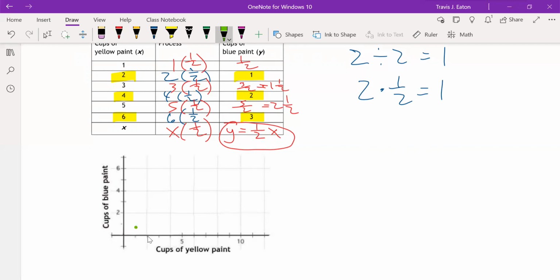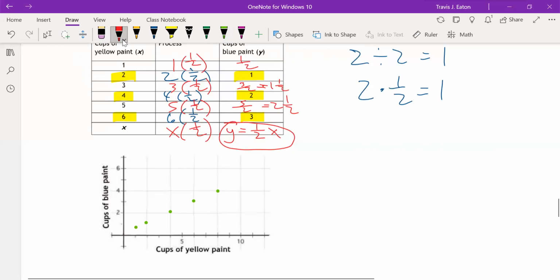For 2 cups, we're going to use 1 of blue. Let's see, I'm going to skip and go to 4. That'll be easier. If I go 4, 2, there we go. And go over to 6. 6 would be 3. And I'm willing to bet that 8 would be 4.